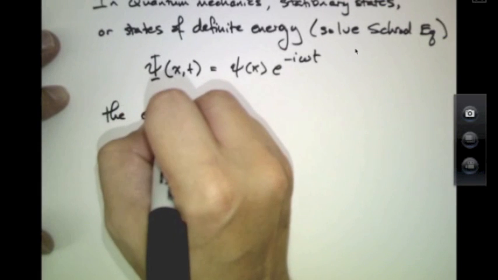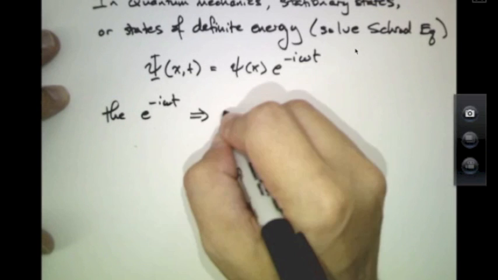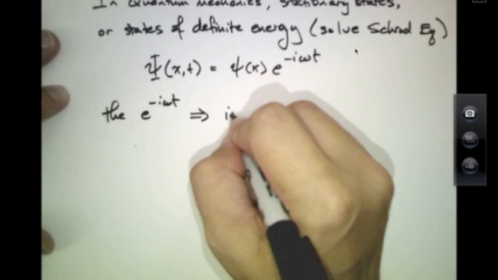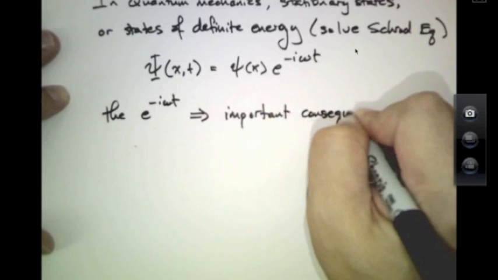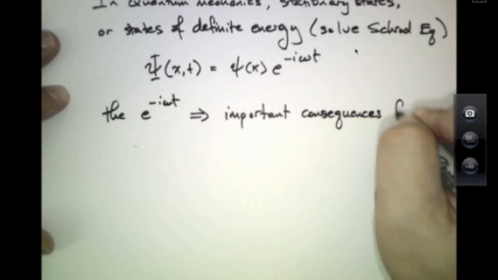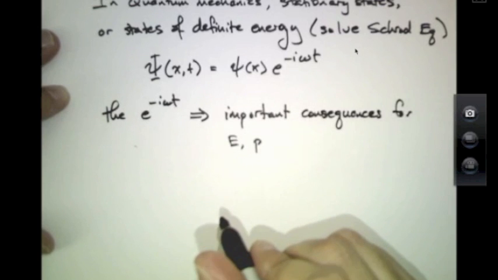The term e to the minus i omega t will have important consequences for the energy and the momentum of the particle, but we'll talk about this later.